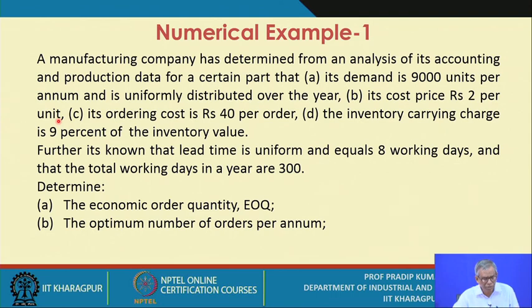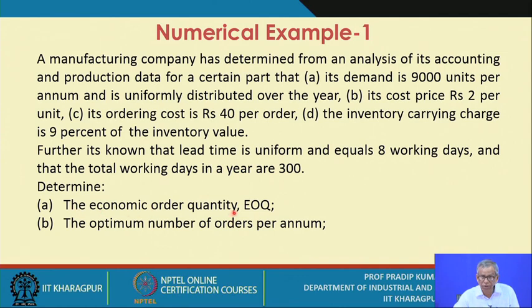You go through this example, all the steps you follow. Its ordering cost is ₹40 per order. The inventory carrying charge is 9% of the inventory value, or say average inventory which you hold. Further, it's known that the lead time is uniform and equals 8 working days, and that the total working days in a year are 300.